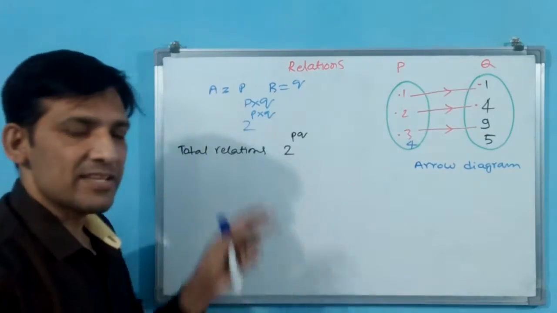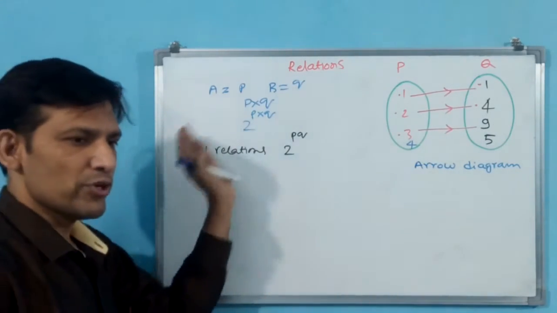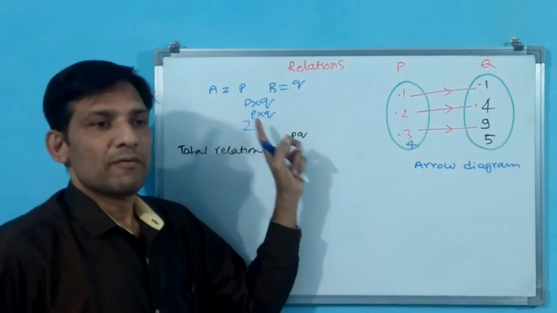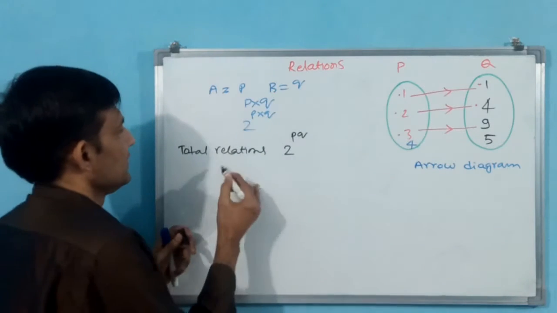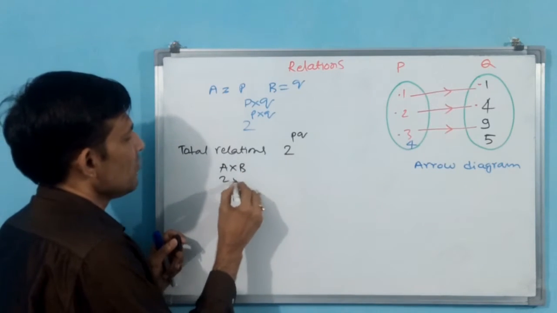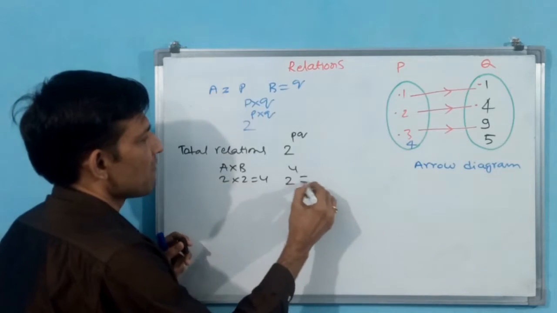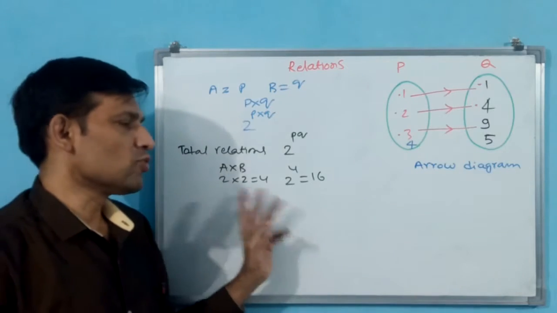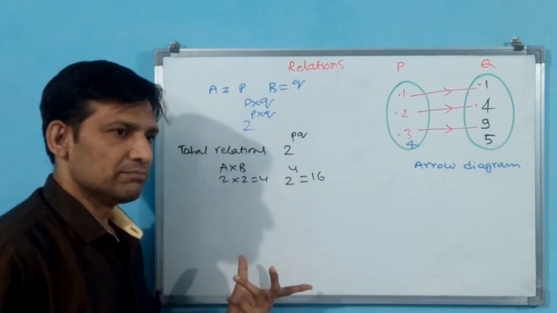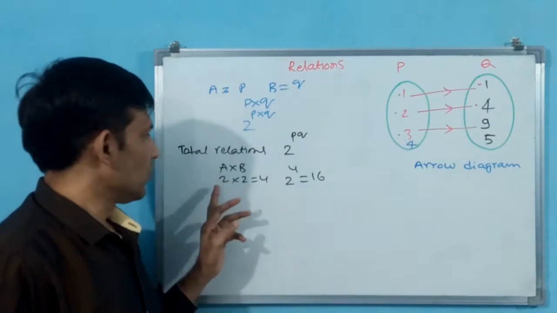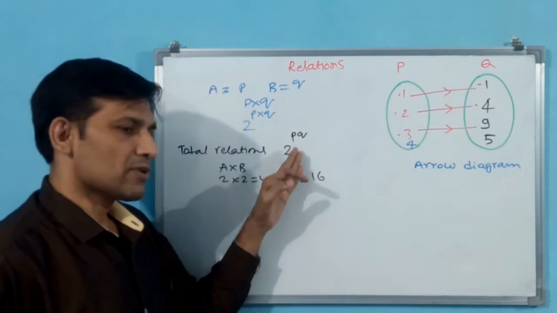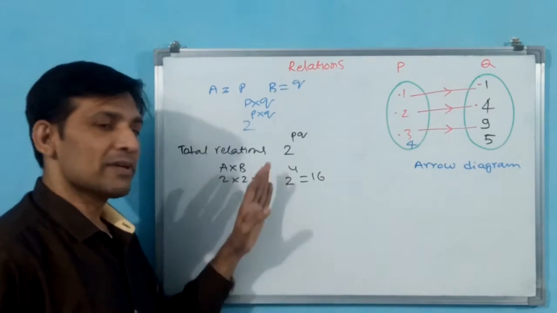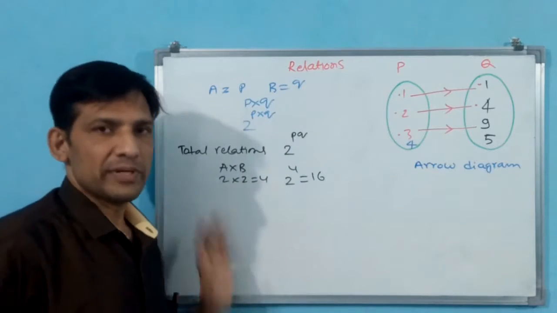That means if A has 2 elements and B has 2 elements, 2 into 2 is 4, 2 power 4, 16 relations will come between A cross B. If this is 1 and 2, 2 into 1 is 2, 2 power 2, 4 relations will come. 3 into 2 is 6, 2 power 6, 64 relations will come.